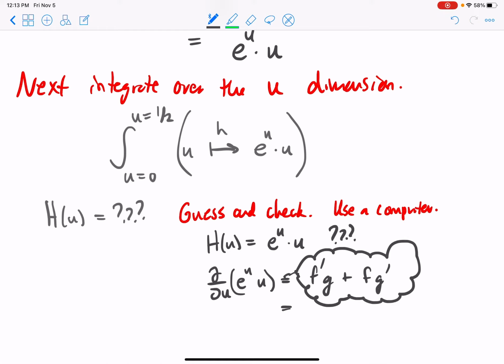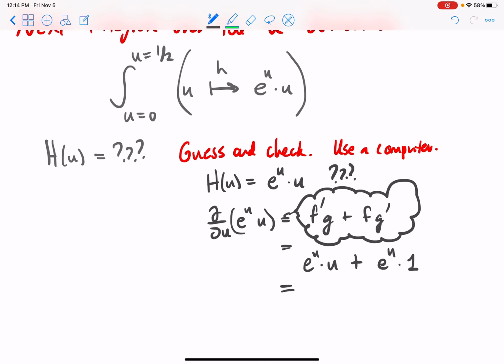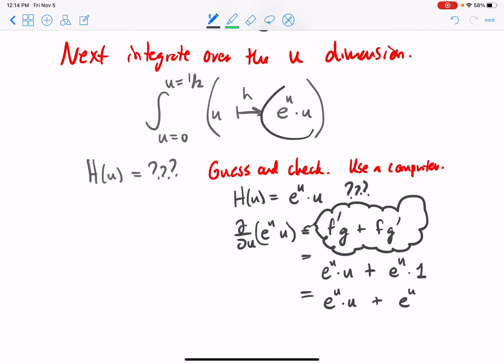And so I'll do the derivative of the first times the second, plus the first times the derivative of the second. First times the derivative of the second is 1. Okay, so this is e to the u times u plus e to the u. Oh darn, we wanted just e to the u times u.